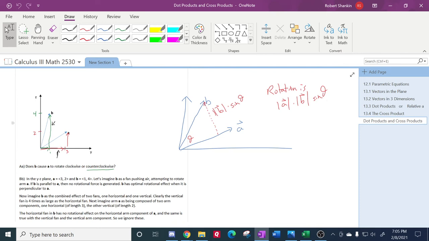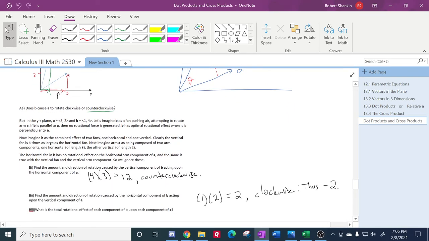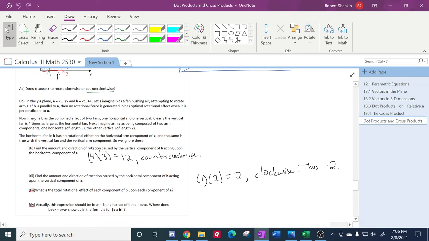Vertical fans don't turn vertical planks, so we only have 2 components to concern ourselves with. How much does the vertical fan turn the horizontal plank? How much does the horizontal fan turn the vertical component of the plank? And then we put them all together and we get this. What's the total rotational effect of each component of B on each component of A?